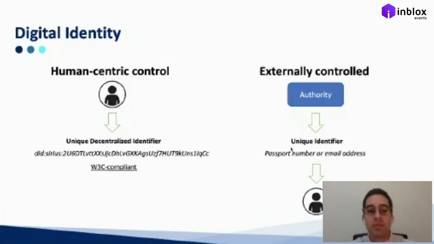They may cease to be valid with the failure of the authority. And most worryingly, they may unnecessarily reveal personal information and make us subject to identity theft. So self-sovereign identity solves this by enabling a human-centric control over digital identity that is not dependent on a central authority.